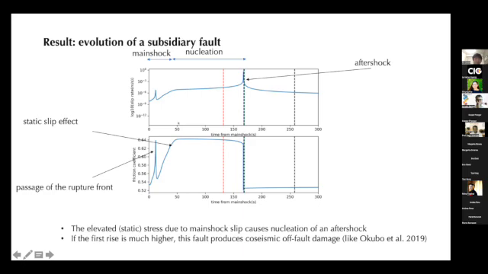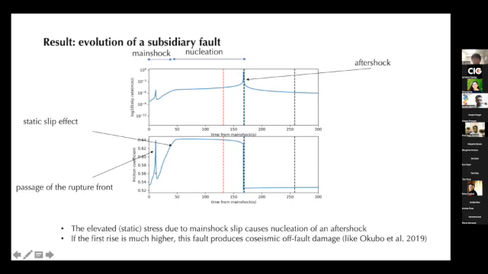And then the gradual increase of stress is caused by the static slip of the main shock. Then the main shock is completed, and this subsidiary fault enters the nucleation phase. Within a finite time, it goes to instability and produces an aftershock, and a stress drop happens.